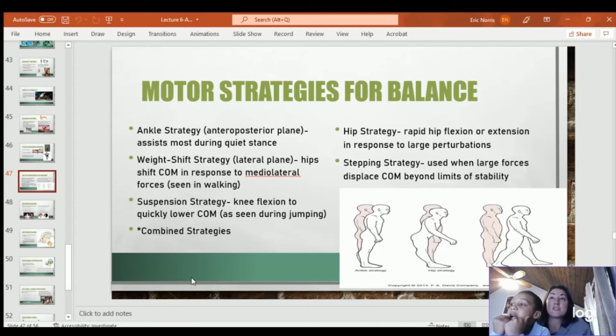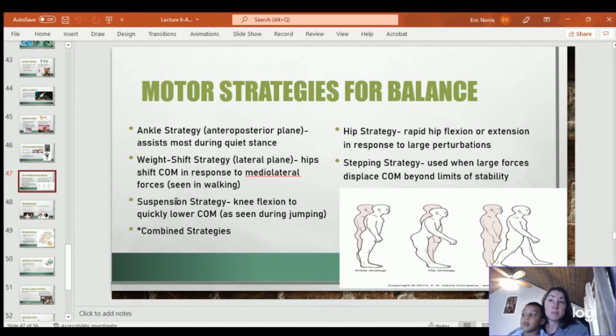Motor strategies for balance. We have the ankle strategy, which is the muscles in your foot making really slight adjustments to help you stabilize. Your weight shift strategy is typically in the lateral plane, shifting your weight from your left foot to your right foot in response to external forces, and we see this a lot in walking.